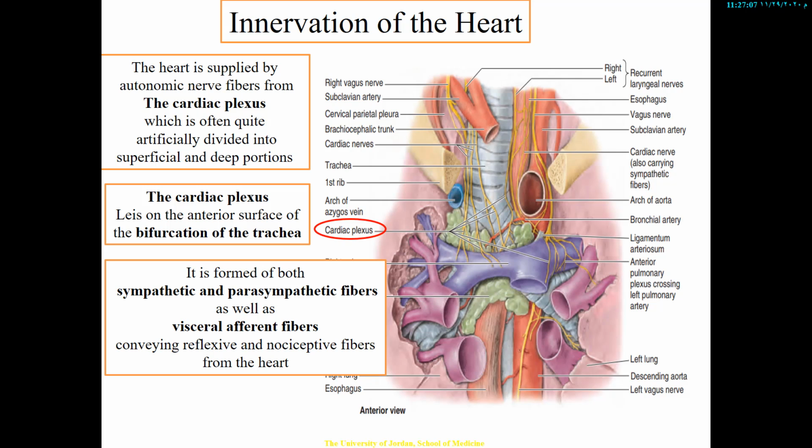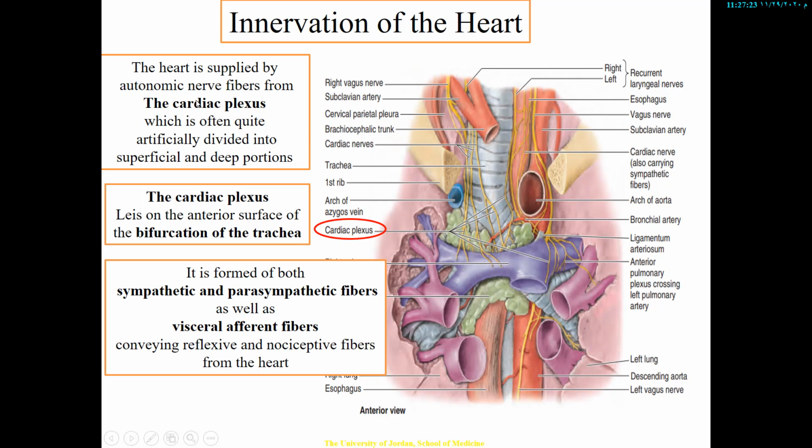So let's talk about these plexuses and how they are formed, and in detail let's see how the heart is innervated.